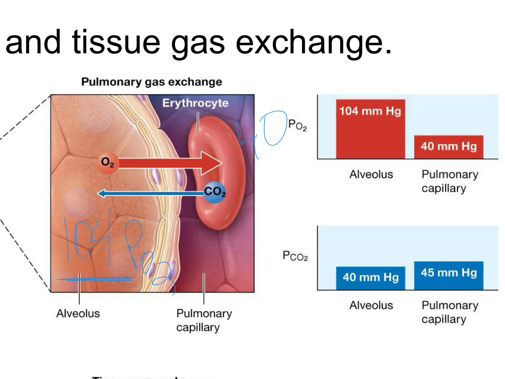So high in the alveoli, lower in the capillaries, so oxygen moves from the alveoli into the blood, and we load the oxygen into the blood. The carbon dioxide inside of the alveoli is only about 40, so it's relatively low. Partial pressure of carbon dioxide is low in the alveoli, but it's higher in the capillary. So the carbon dioxide is going to unload and move from the blood into the alveoli.